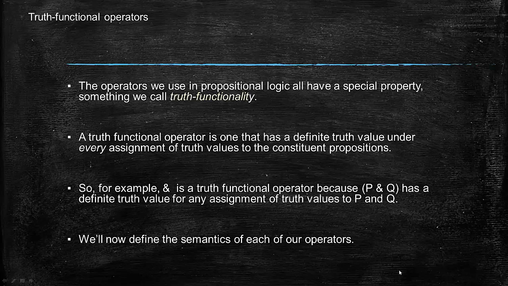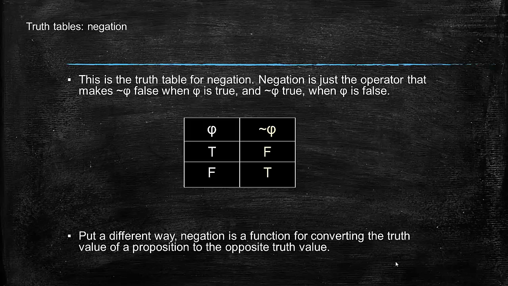All right, so let's go ahead and define the semantics for each of our operators. So negation is the simplest and the easiest because it only has two possible values. This is a nice way to learn how to read a truth table. So you'll remember that we use phi and psi when we're being careful to indicate when we're using the meta language and talking about propositions rather than using specific ones.